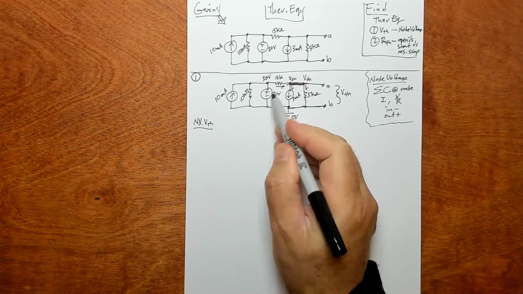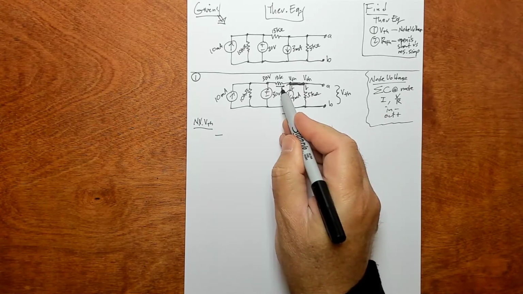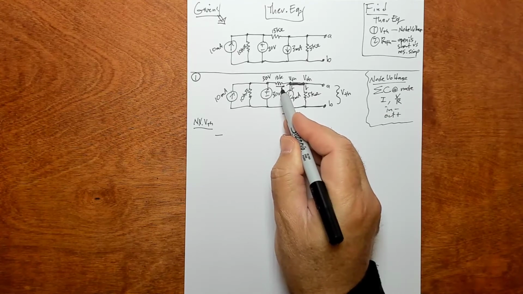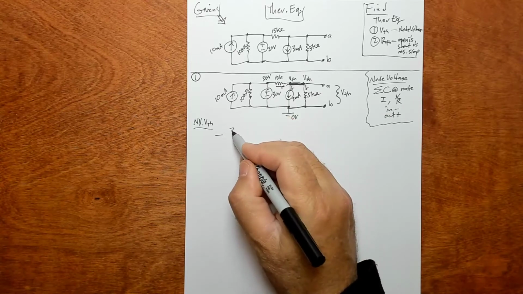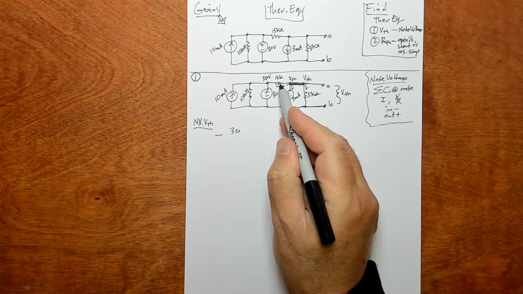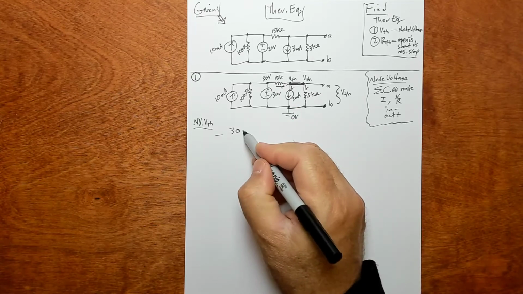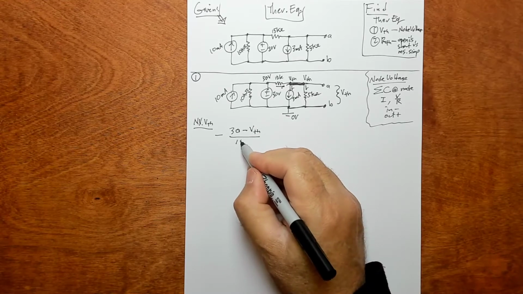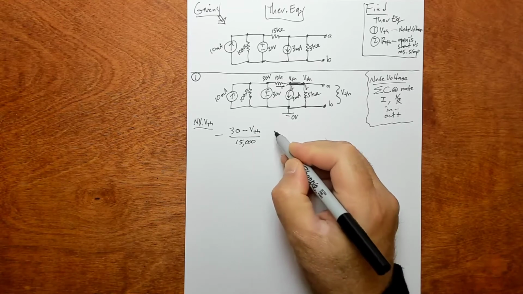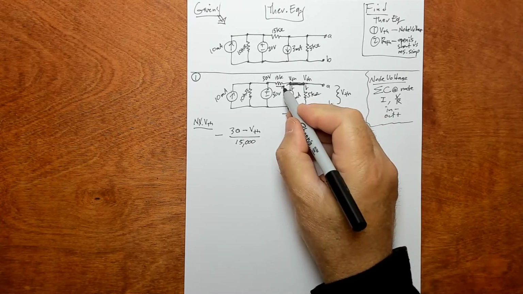In, I've got this current coming in, so that's negative, and it's given by the potential difference over the resistance. So it's 30 minus V sub Thevenin over 15,000. That's the current coming into this node.